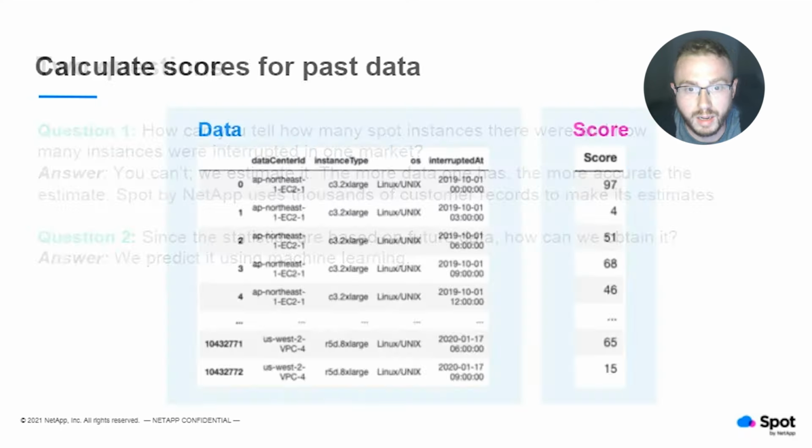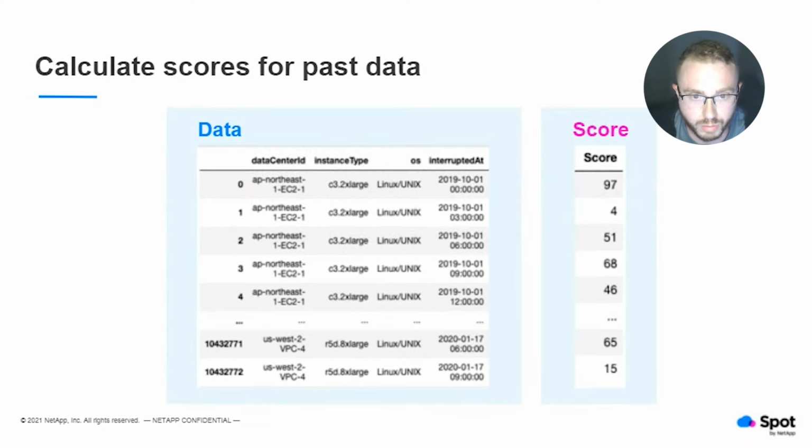And how does it do that? First of all, we need to look at past data and simulate the scores on past events. We look at all the years back, as I mentioned, since 2017, and generate scores for the past.